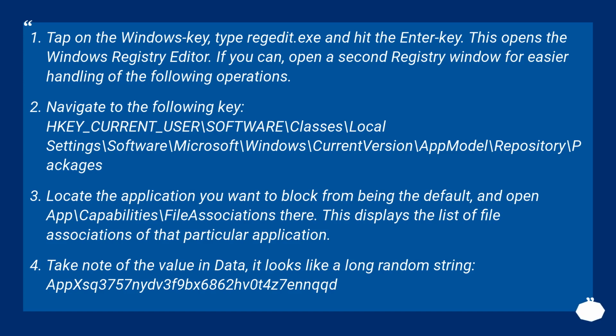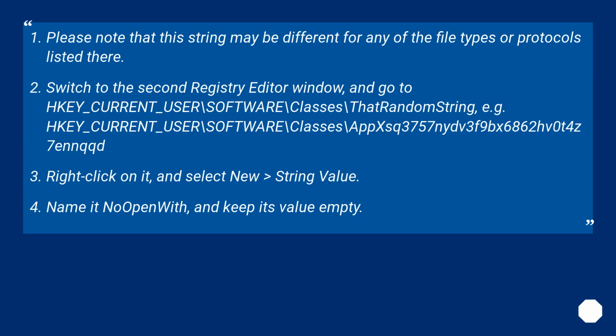It looks like a long random string, like AppX followed by a long random ID. Please note that this string may be different for any of the file types or protocols listed there.